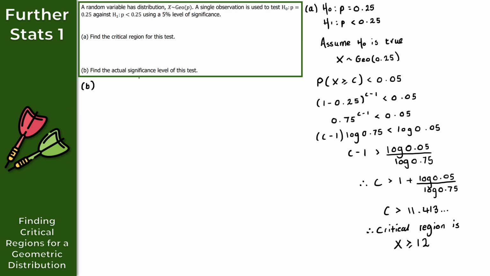For part B, it's nice and straightforward again. For the actual significance level of this test, what we want is the probability that X is greater than or equal to 12. So what do we do?